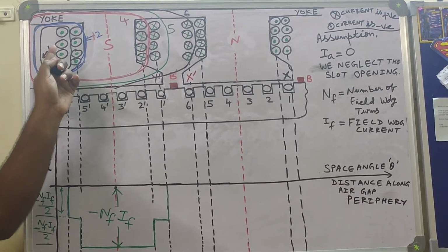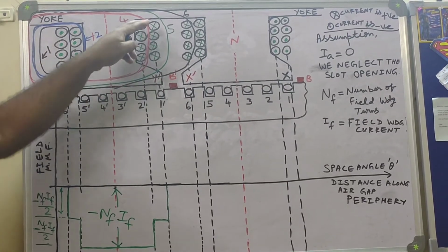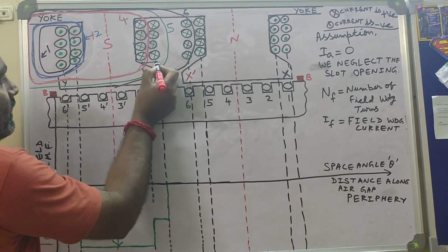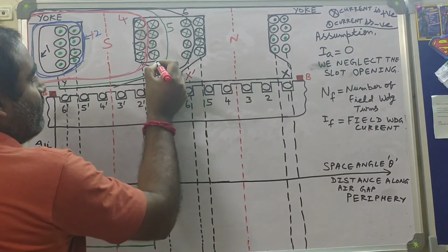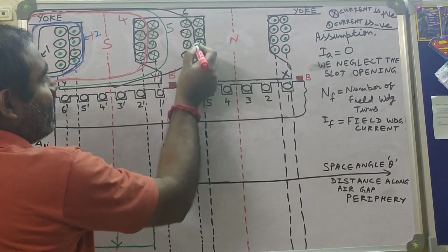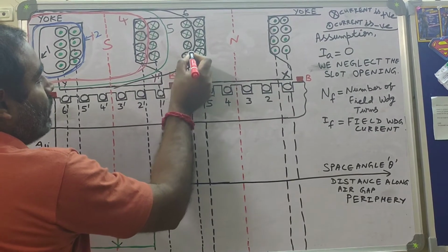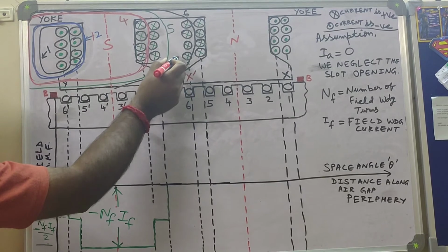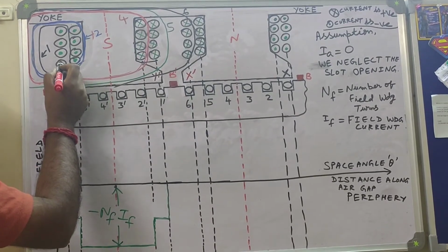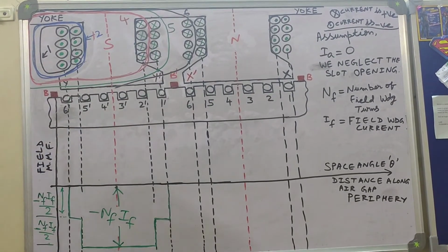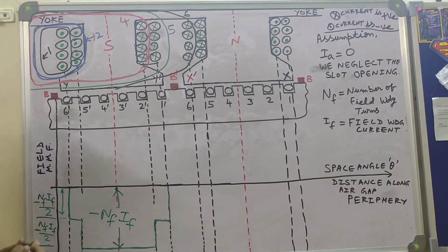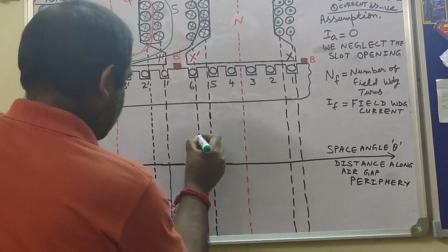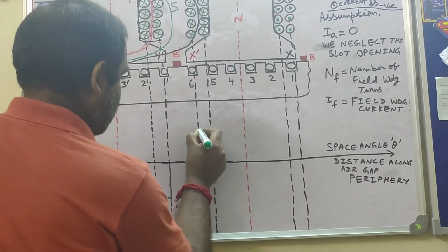Dot is negative, cross is positive. But what is the number of conductors having cross current? Here you have NF conductors. Here you have NF conductors. And in this layer you have NF by 2. So total is what? 3 by 2 NF. So 3 by 2 NF conductors is cross, whereas NF is dot. So net current is NF by 2, which is cross. Cross means positive. So you will expect that MMF is positive over here, like this.